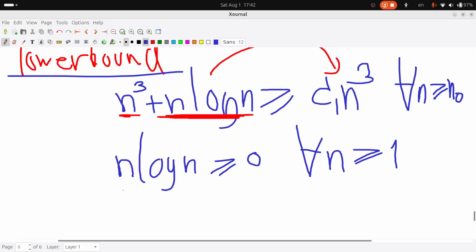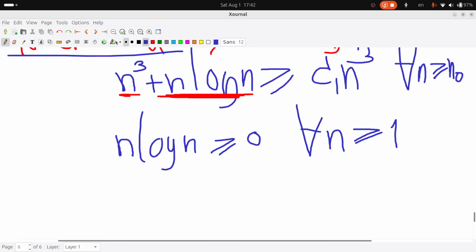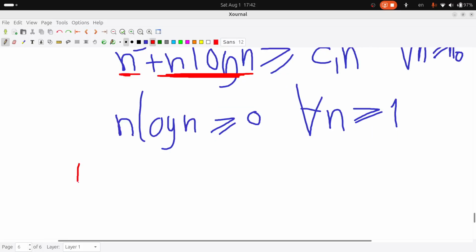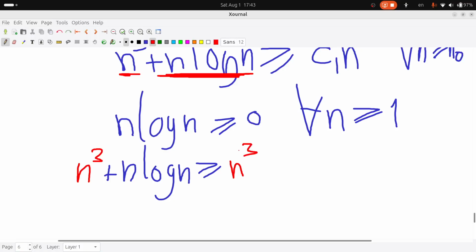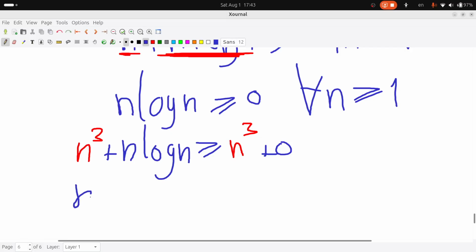So we can write this, and we add both sides by n to the power of 3, and we write n to the power of 3 and log n. We add both sides for this inequality, and it should be easy to see what the constant C1 is, right?